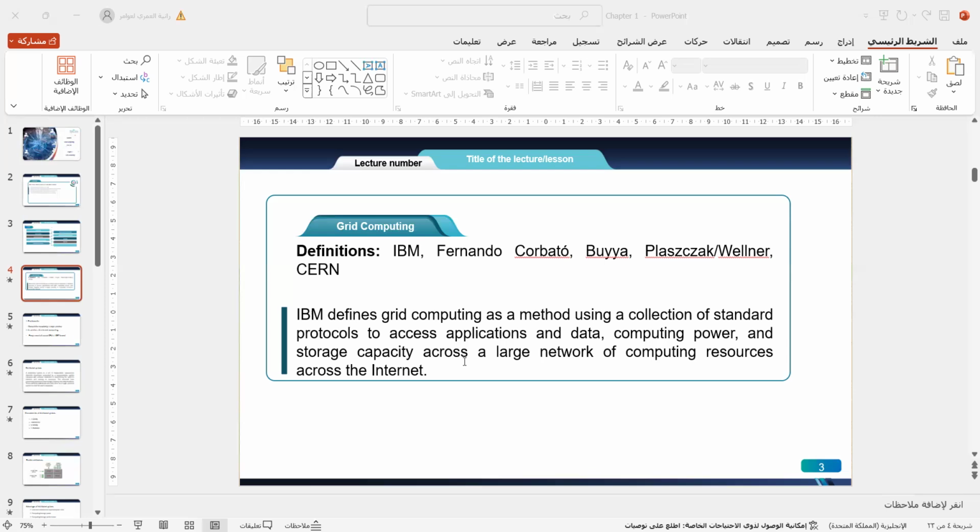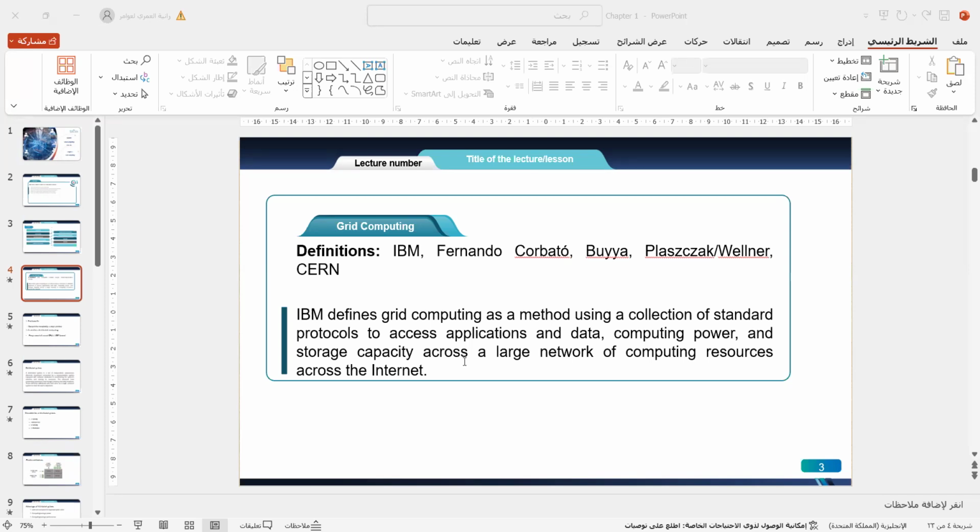Now, let's understand these key components related to a grid computing environment, which can be summarized in 5 components. First, user interface. Second, security.